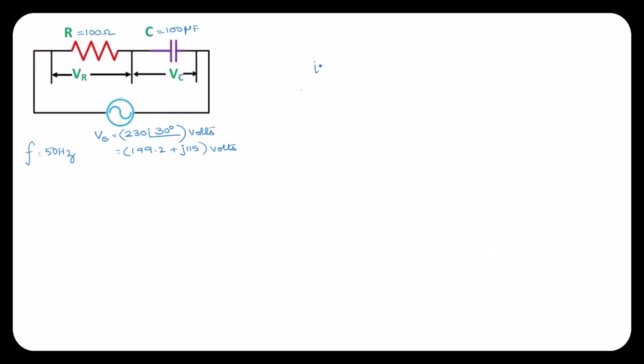Next let's find out the power factor. Power factor is the cosine of the phase angle, cos phi. This can be calculated using the formula R by Z. The resistance of the given circuit is 100, and we know that the impedance in polar form is given by 104.9 at an angle of minus 17.65 degrees.